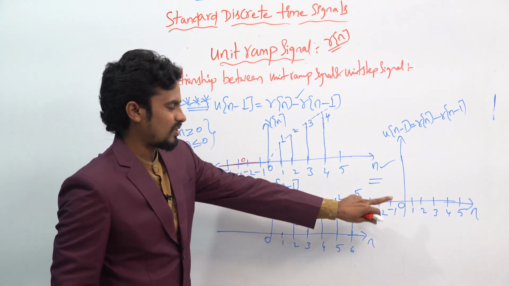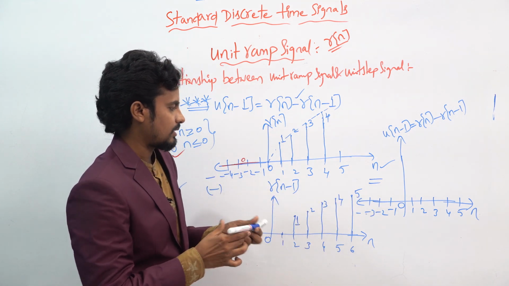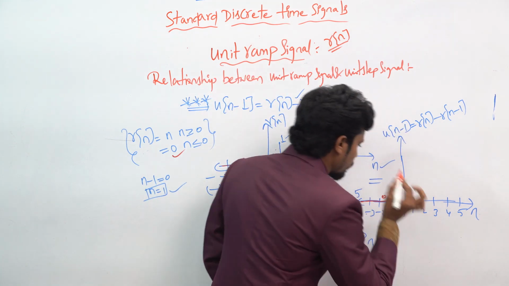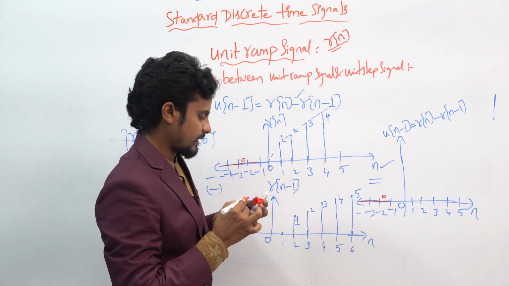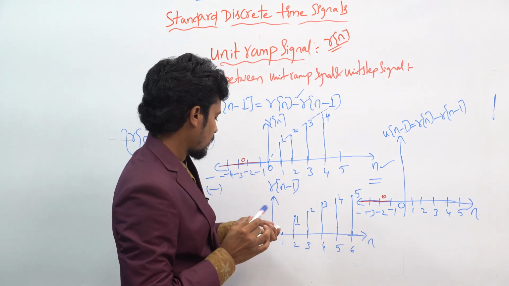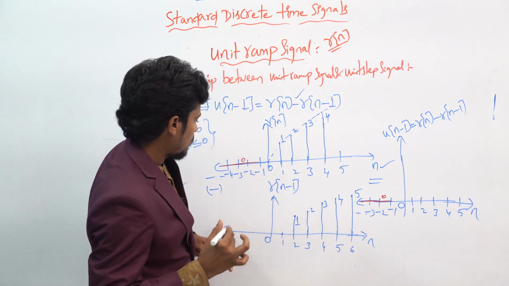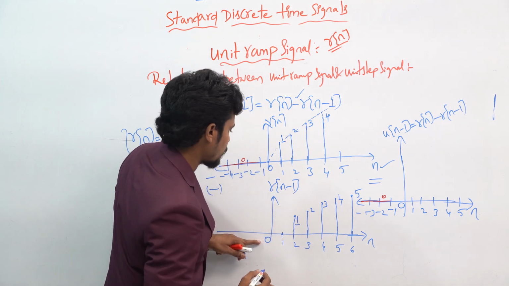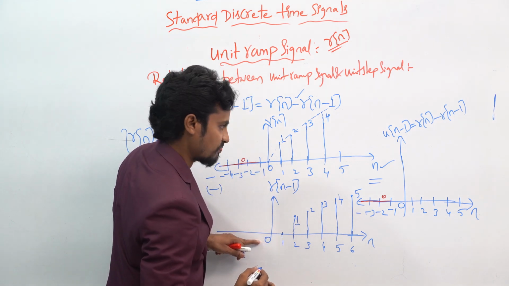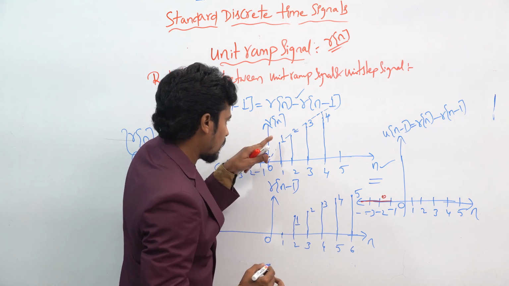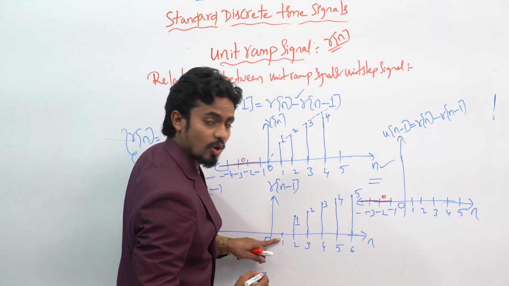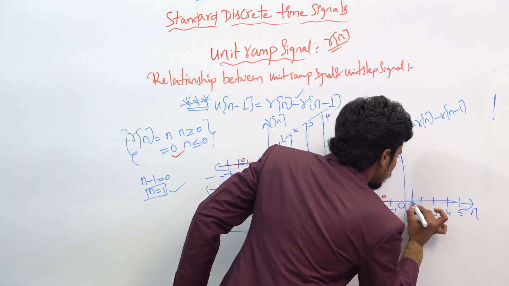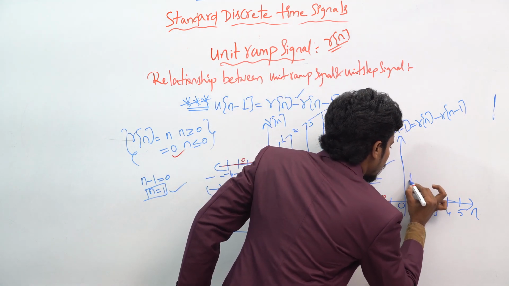Now let's check this. Here 0 minus 0, how much will you get? You will get 0. And here 1 minus 0, you will get 1.